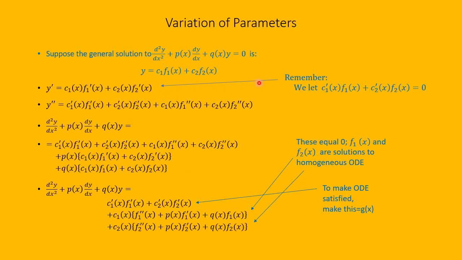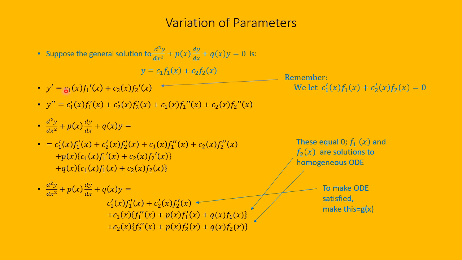So let's remember, if we require c1 prime f1 plus c2 prime f2 to equal 0, then y prime turns out to be c1 f1 prime plus c2 f2 prime.